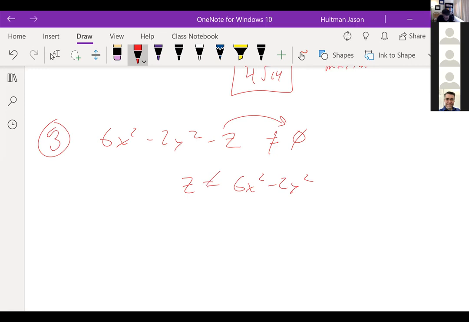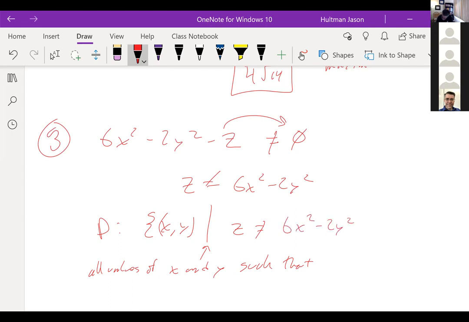So we want all values of x and y such that, that's what this line means, such that f of x, y is not equal to 6x squared minus 2y squared. Okay, that's true. That's the domain.